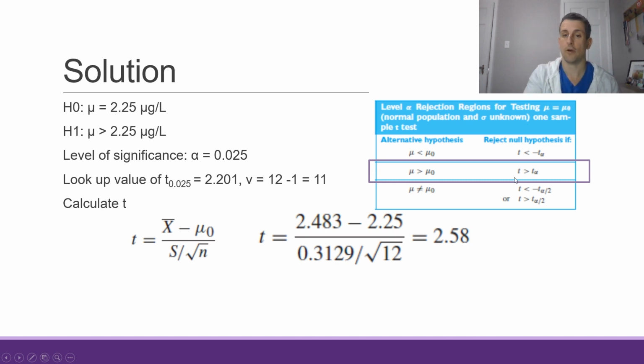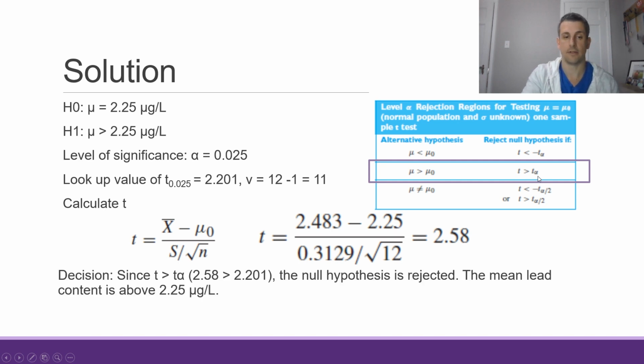From here, we just plug this into our test, checking if T is greater than T alpha. In our case, 2.58 is greater than 2.201, so it satisfies this condition, and we reject the null hypothesis.